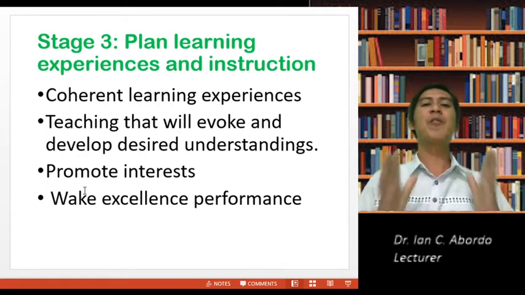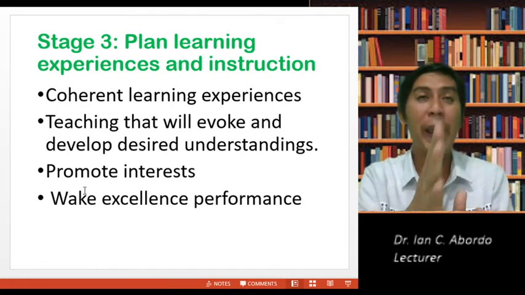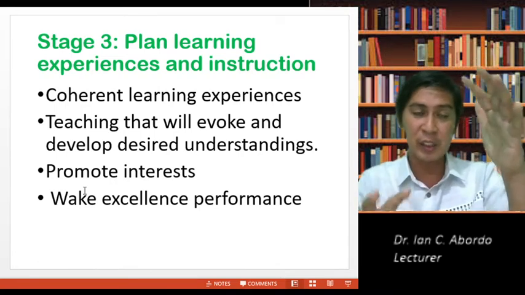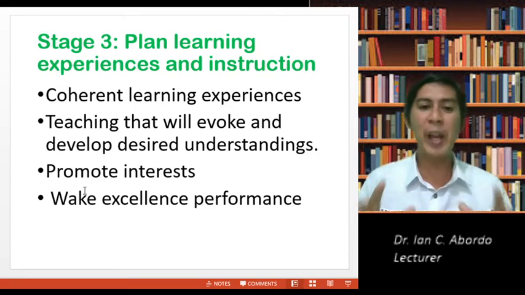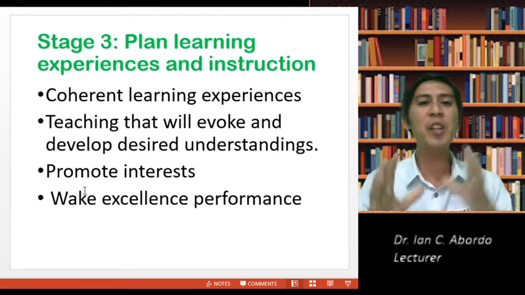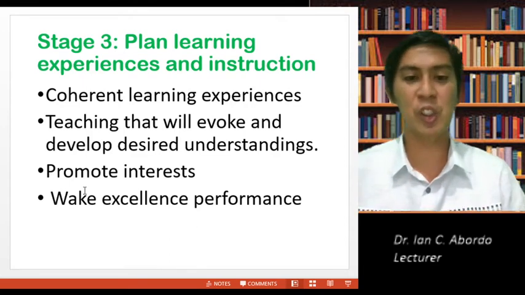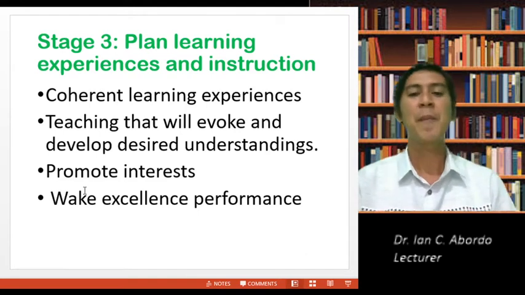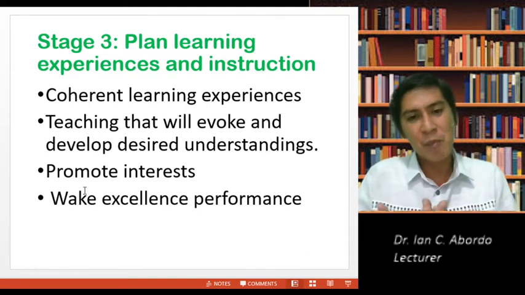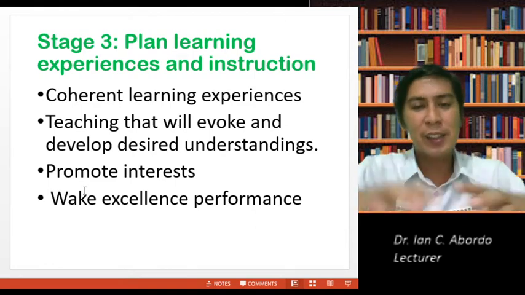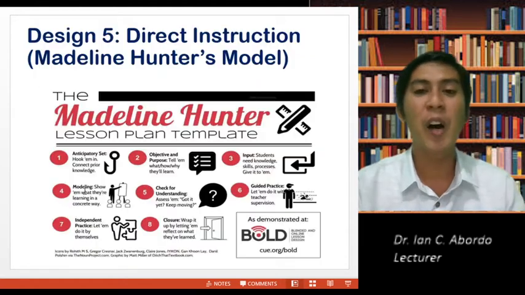So we have to ensure that our planned learning activities and experiences are coherent learning experiences, all right? They are not fragmented. They have a direction, that this is the teaching that will evoke and develop desired understandings. They promote interest. They make excellent performance. Okay, so this is the design portion of the lesson.